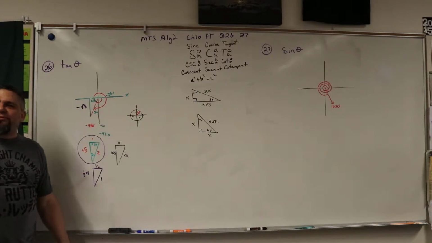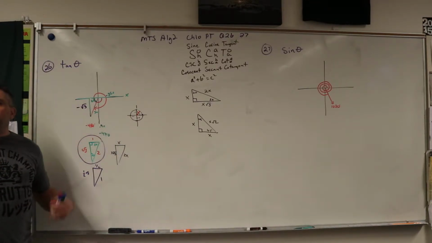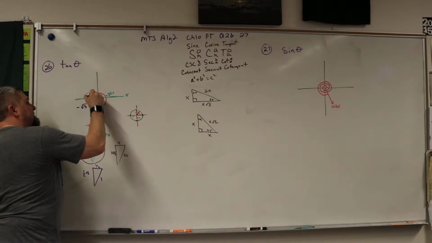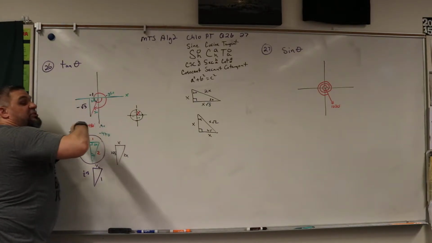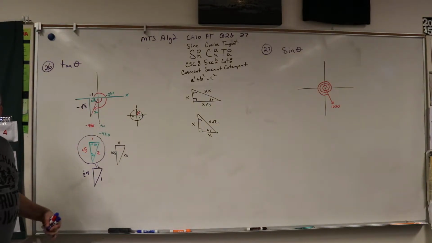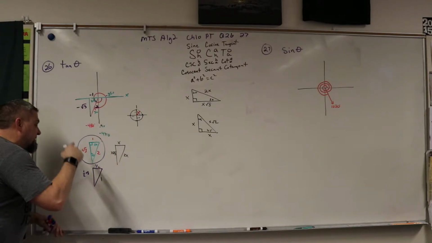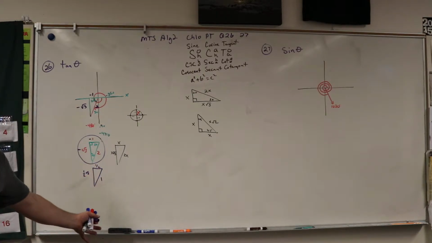Why is that negative? Because it's going down. It also tells me that this distance is negative 1. Why? Because it's going left. And then this distance is always positive, so this is going to be 2. So in this case, this is negative, and that's positive.